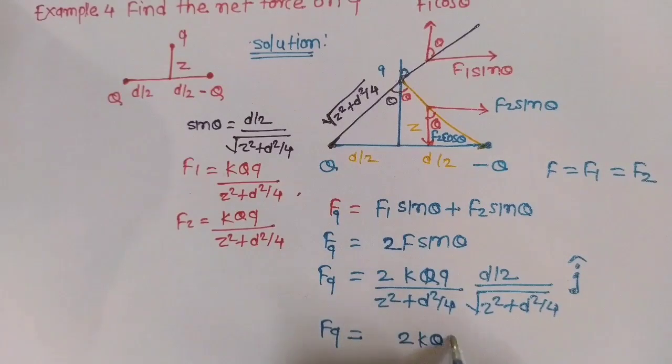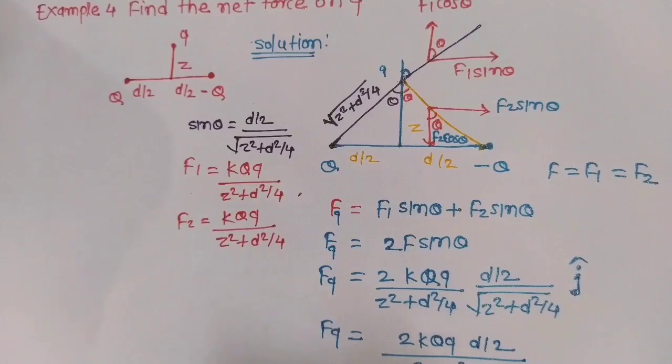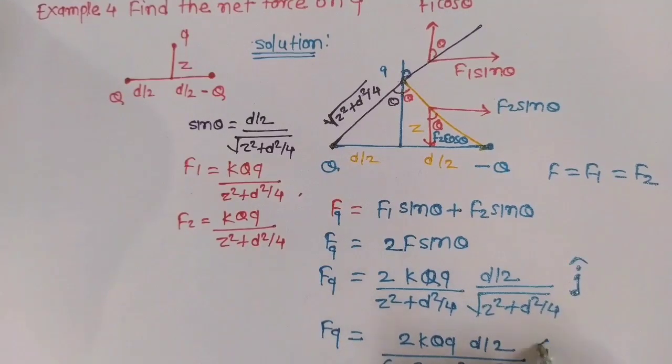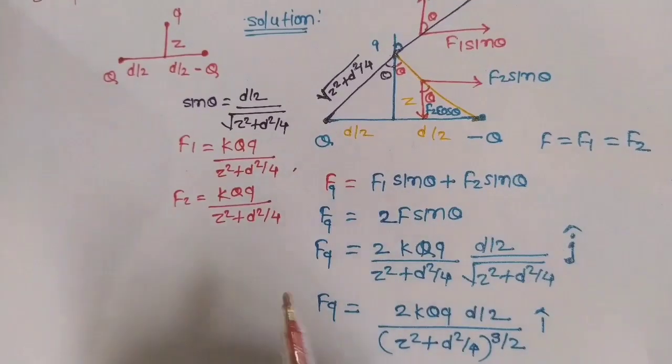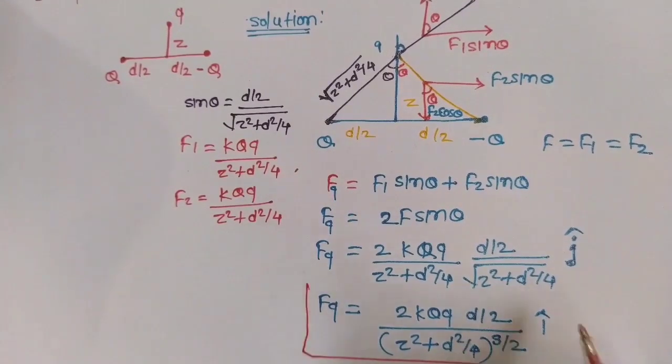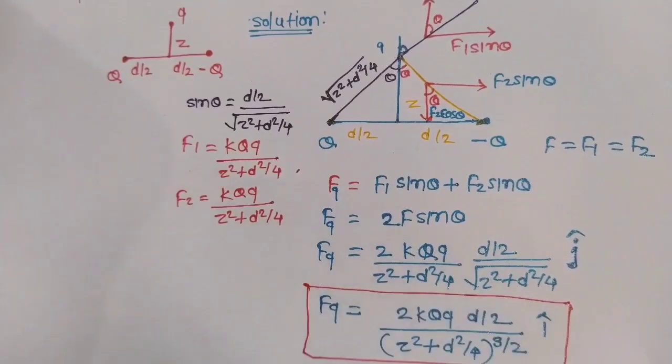F is 2 K Q Q d by 2 upon the multiplication of these two terms, z square plus d square by 4 raised to 3 by 2 I cap. Okay, this is the net force on the charge Q.